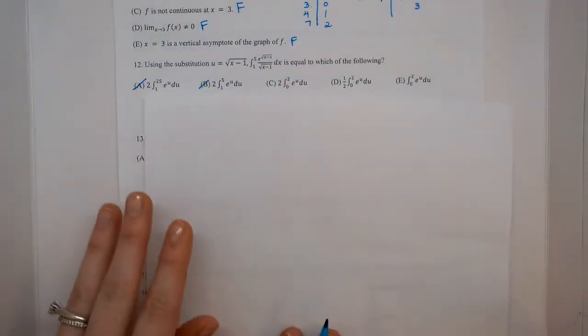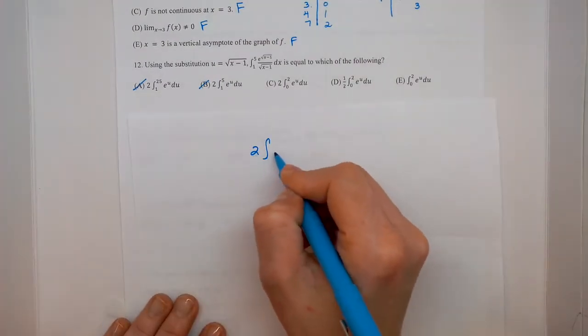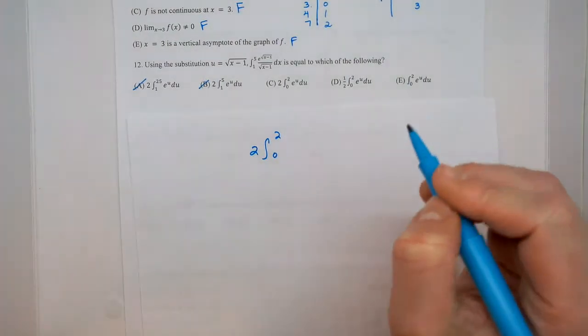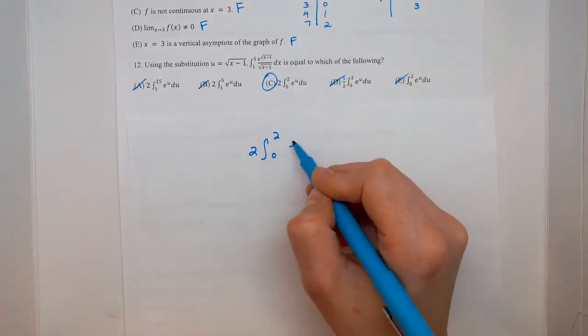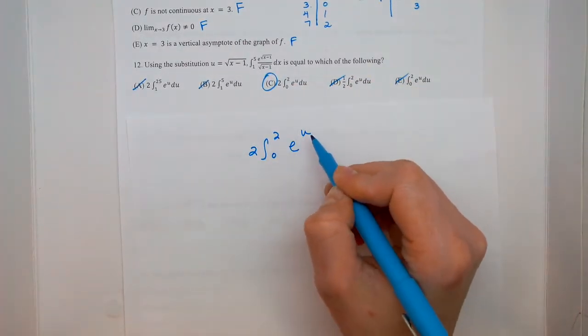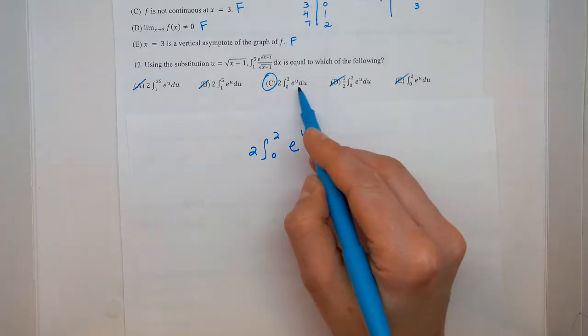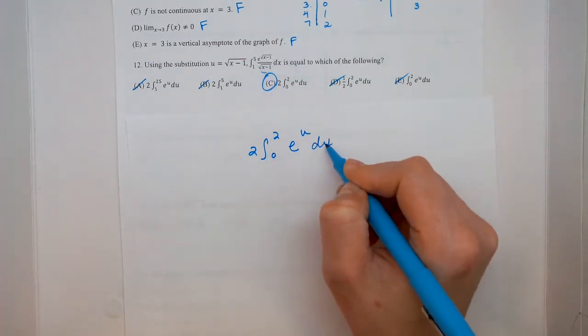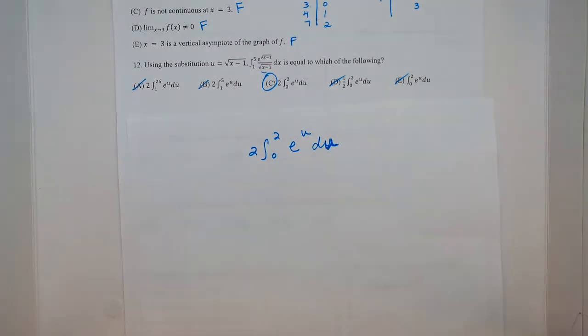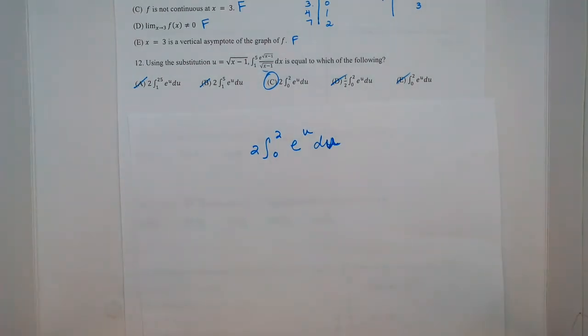We've got 2 times the integral from 0 to 2. We can actually go ahead and eliminate the other 2 as well. Let's just double check though. E to the root x minus 1 is u, and then du is 1 divided by root x minus 1 dx. So we have done the problem correctly. We're on letter C is the final answer.